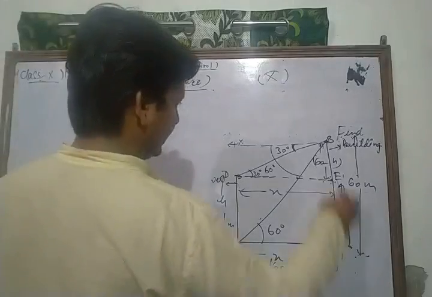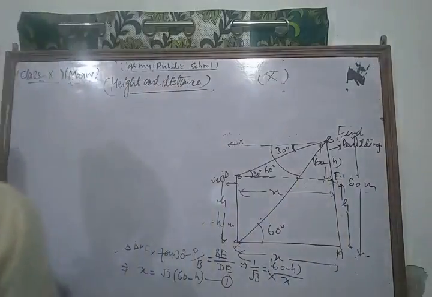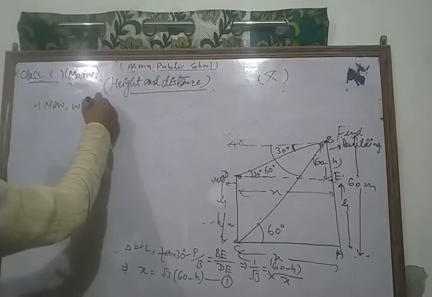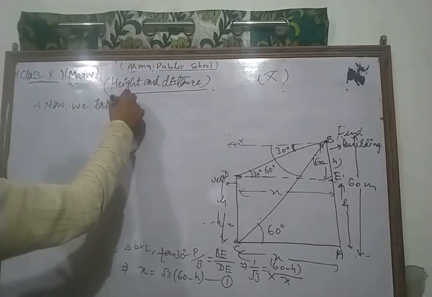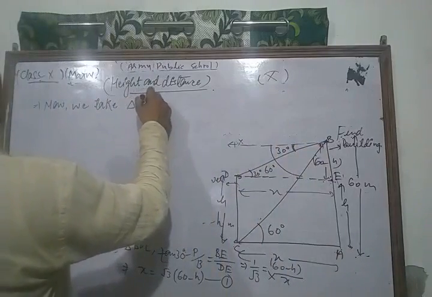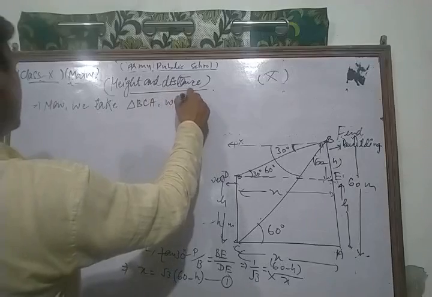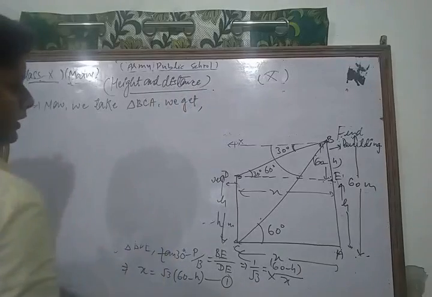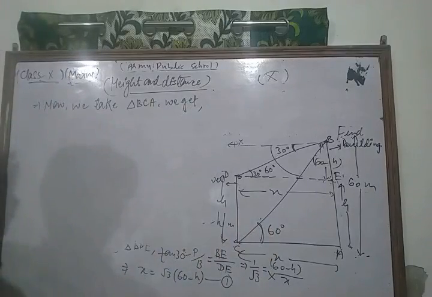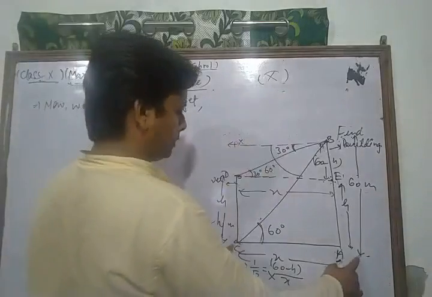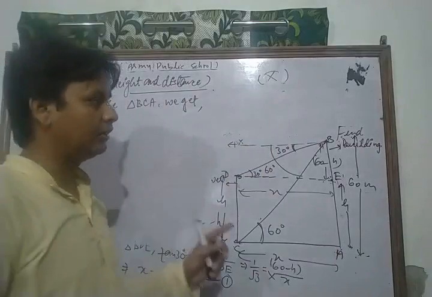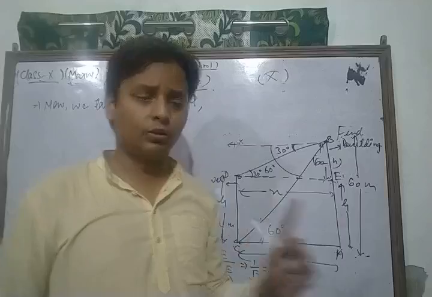Now dear student, we take triangle BCA. In triangle BCA we get tan of 60 degrees, because this is the base which is given and this is the perpendicular x. So perpendicular and base is always in tan.